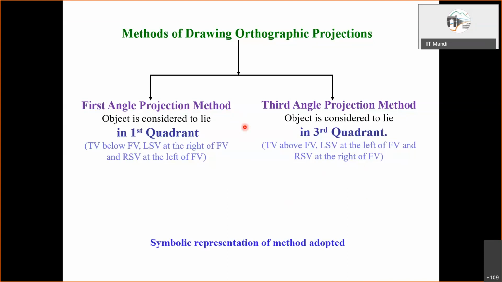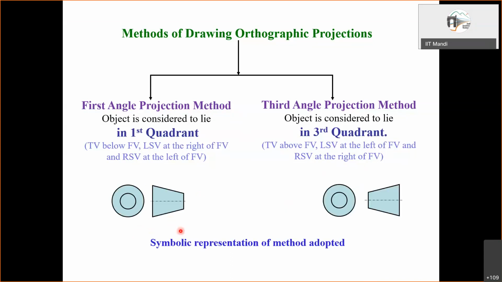Symbolic representation of the method adopted for the drawing. This is a frustum of a cone whose front view and side view have been shown. To represent a first angle projection, this is the symbol, and a similar symbol you have for the third angle projection.